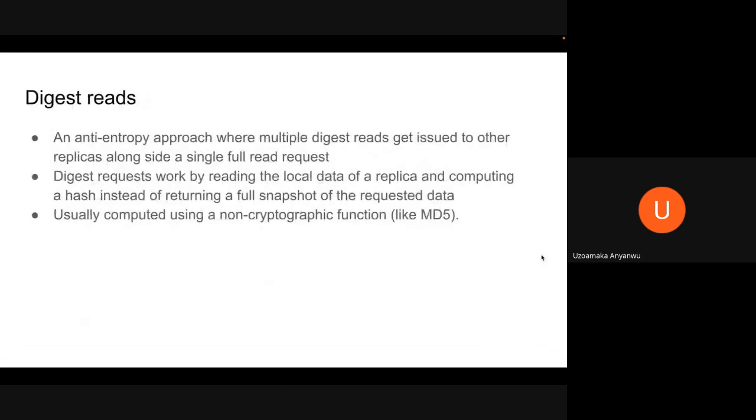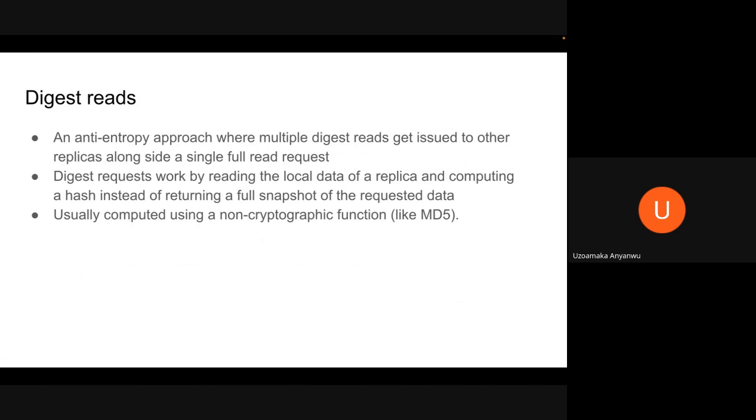Okay, so digest reads. Digest reads is an anti-entropy mechanism where, instead of issuing full reads to each replica node, the coordinator node issues one full read and then sends out digest reads to the other replicas.